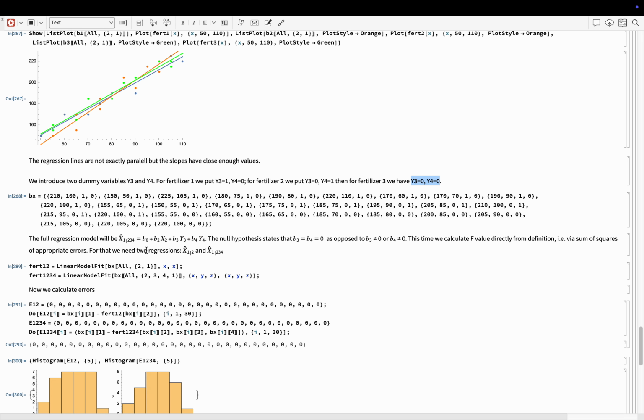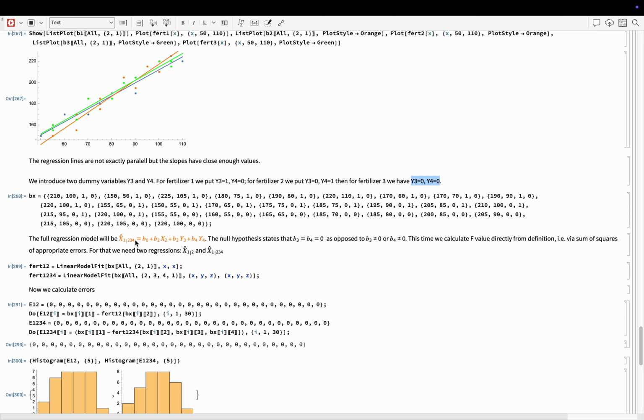Our full regression model will now consist of three independent variables, which is a covariate x2 and two dummy variables. And our reduced model will be as previously with only a covariate.